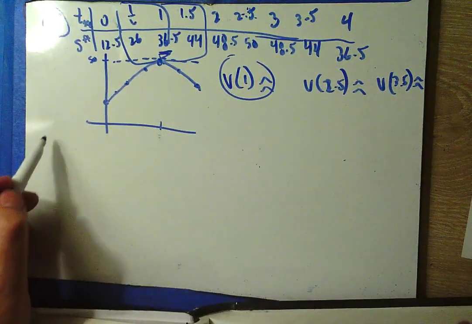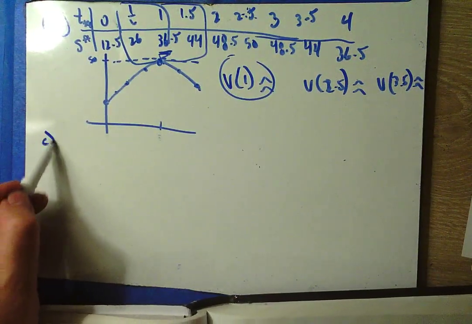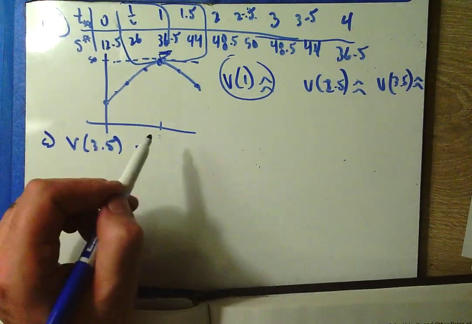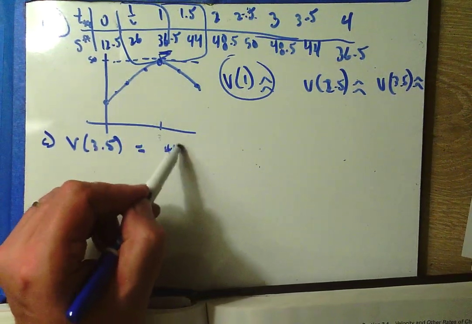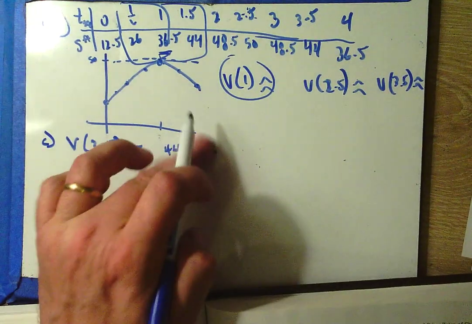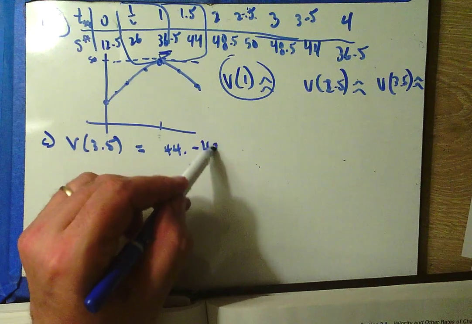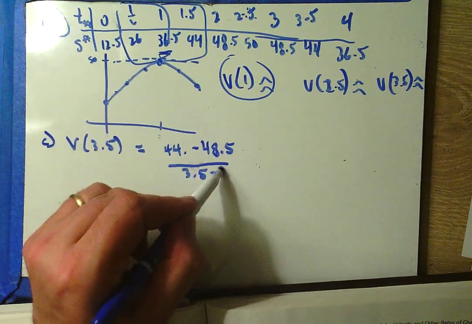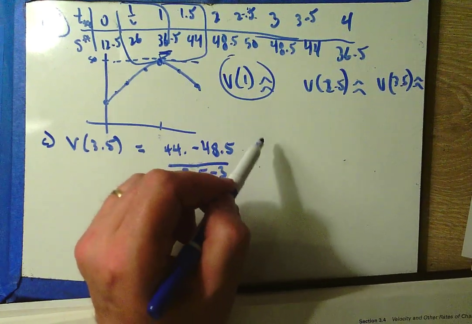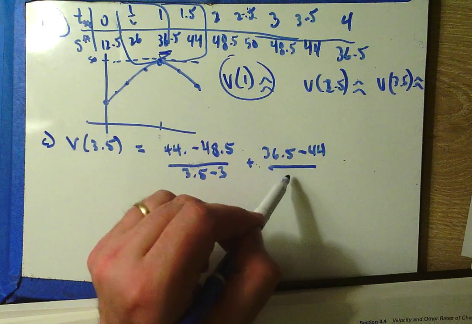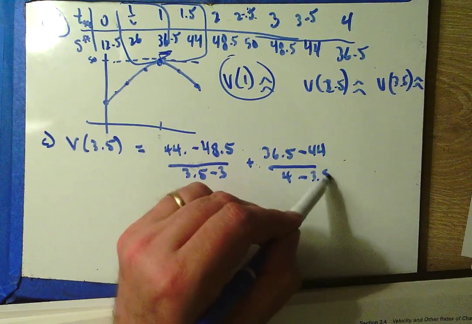We really should be comfortable with this now. Part C, V of 3.5. And so I'm going to have 44 minus 48.5 over 3.5 minus 3 plus 36.5 minus 44 over 4 minus 3.5.